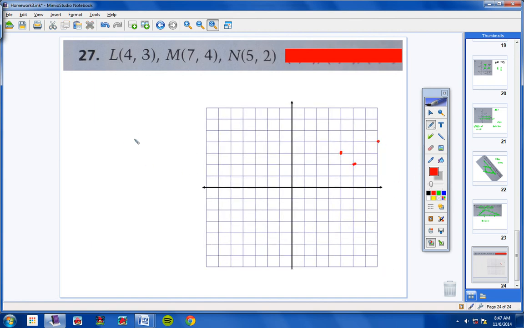We would have a triangle that looks like this.